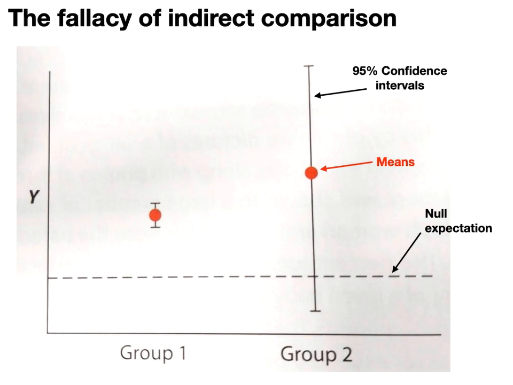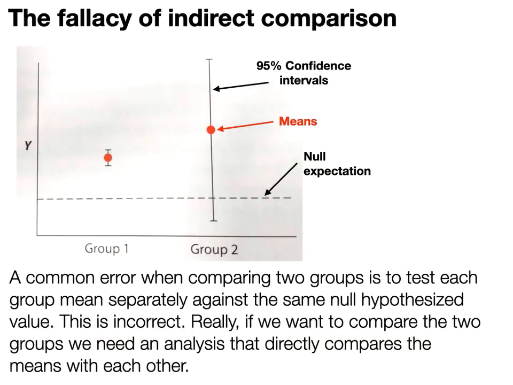Now, the problem with what the authors of that 1995 baby daddy study did was they didn't directly compare the 2 groups. They compared each of the 2 groups to a null expectation, and that's problematic because they kind of did a 1 sample t-test for group 1 and a 1 sample t-test for group 2, and maybe you reject the null hypothesis for group 1 and you fail to reject it for group 2, but that doesn't mean that group 1 and group 2 are different.